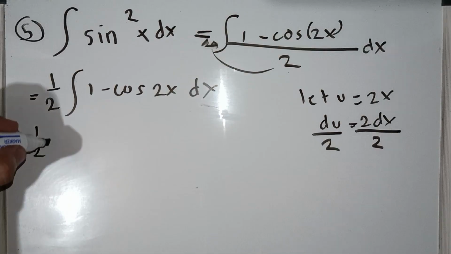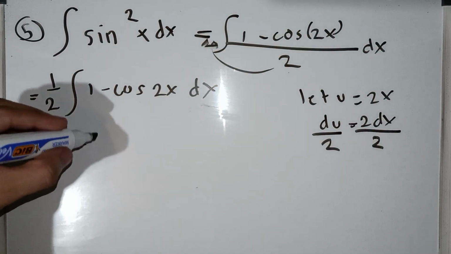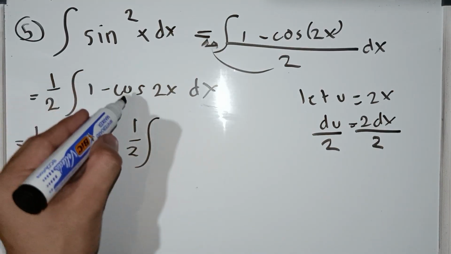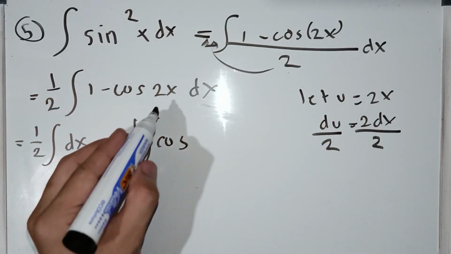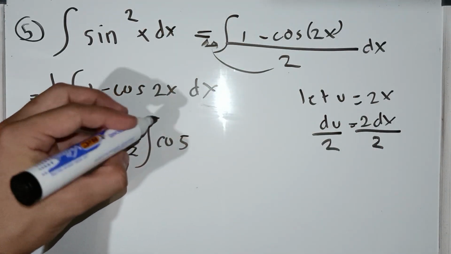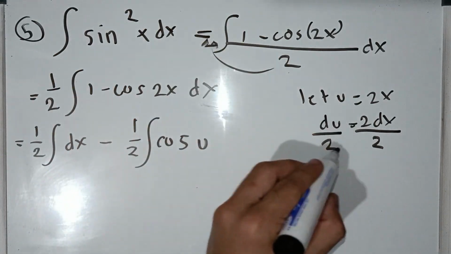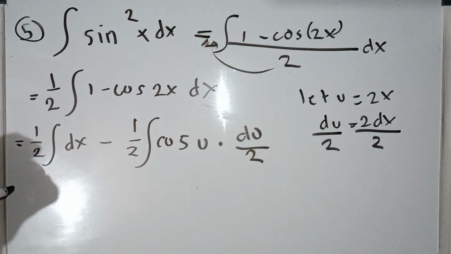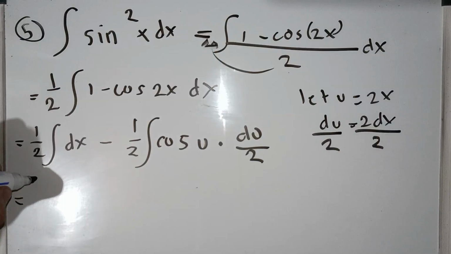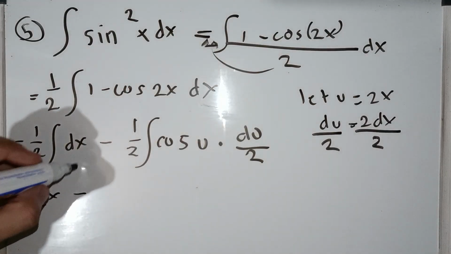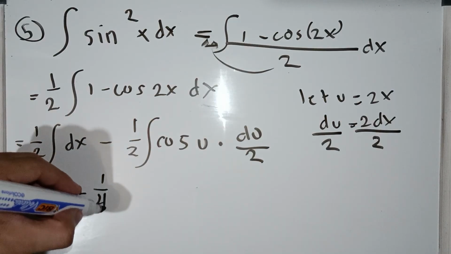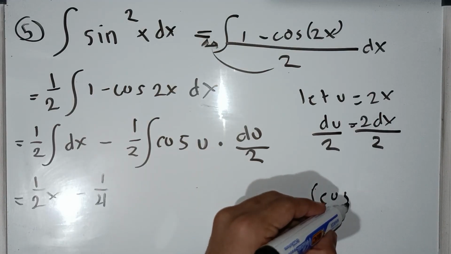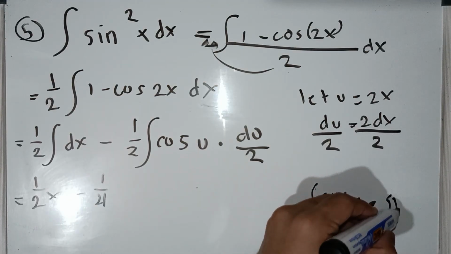So 1/2 the integral of dx minus, since we have 1/2 the integral of cosine, since we have the value of 2x which is equal to u, so u, and we also have the value of dx which is du over 2, so multiplying this, since 1/2 is a constant, let's integrate this first, so 1 over 2x minus, multiplying this, so 1 over 4, and we can now directly integrate this, so cosine is equal to sine.